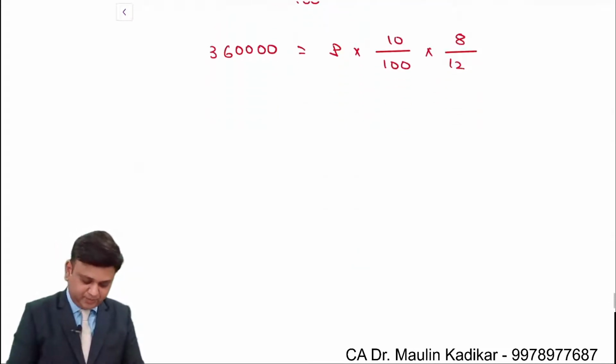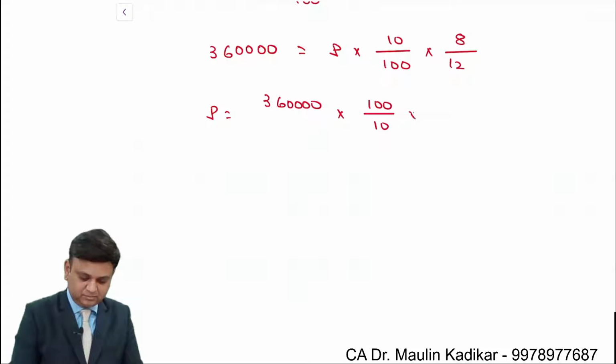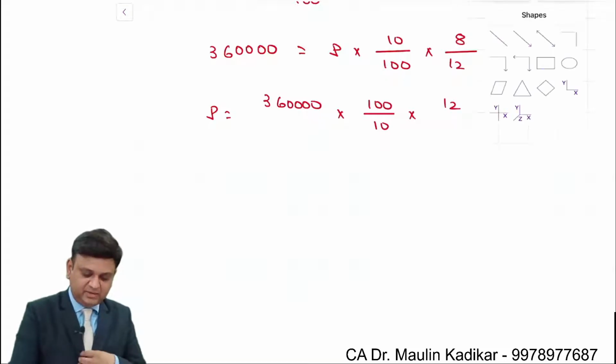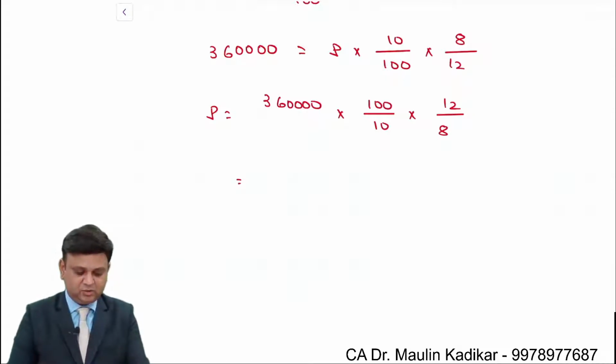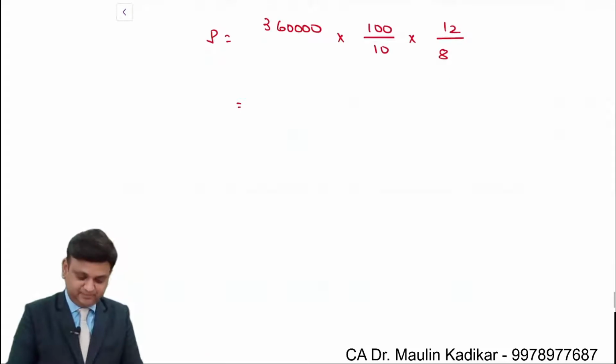The principal amount is 3,60,000 into 100 divided by 10 into 12 divided by 8. That comes to 54 lakhs.